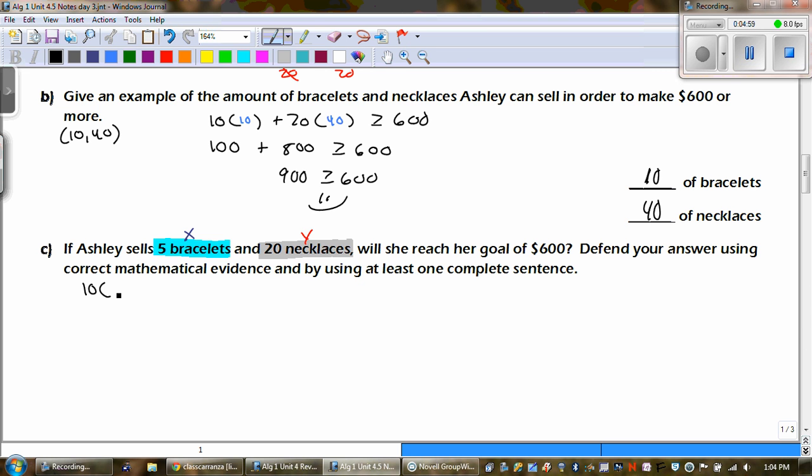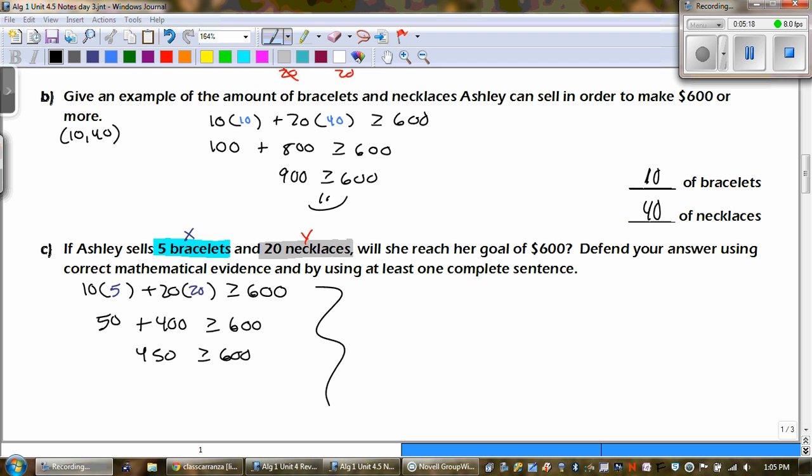We need to mathematically prove our answer. Why don't you guys pause the video and see if you can do that one all on your own? Okay, so I got 450 is greater than or equal to 600.